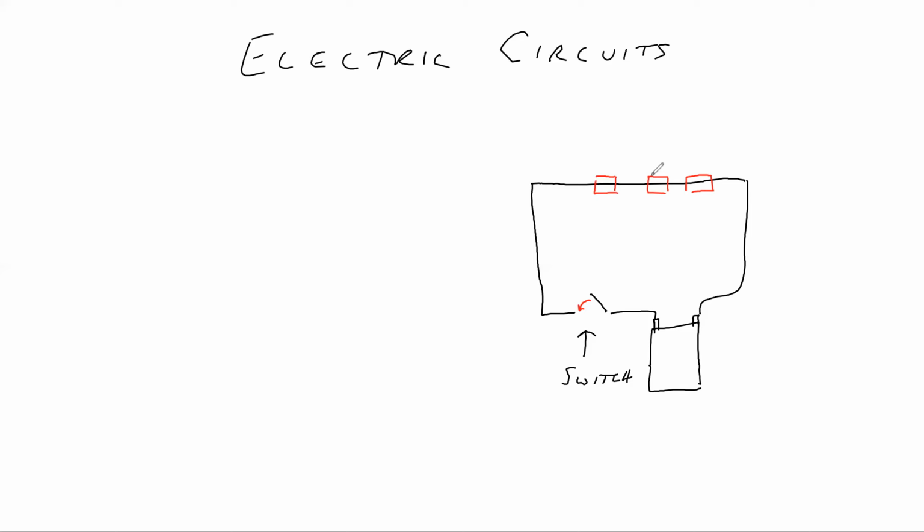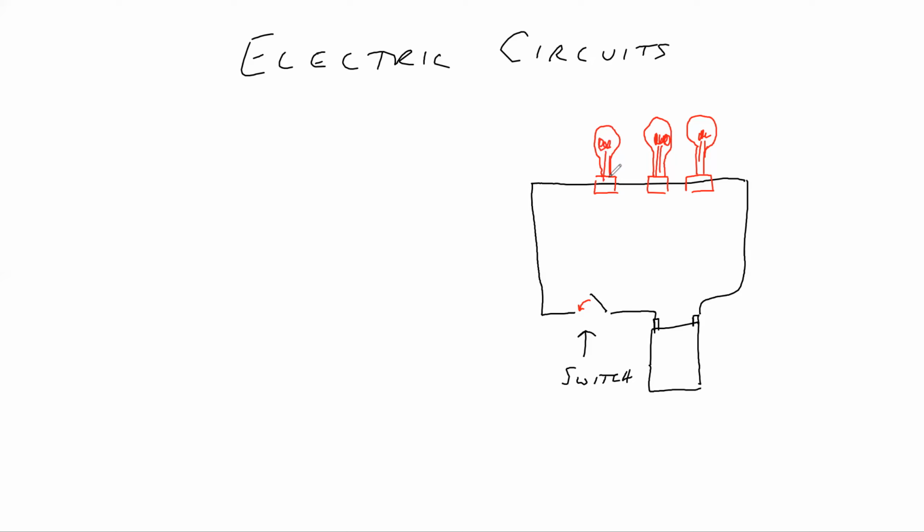Now there's 2 ways to run a circuit. You can run a circuit in series, or you can run a circuit in parallel. This particular circuit is a circuit in series.